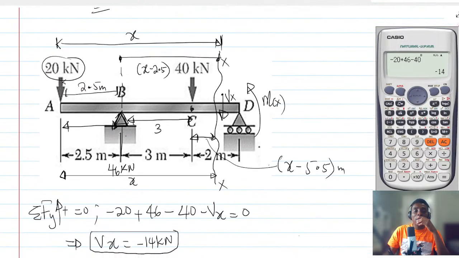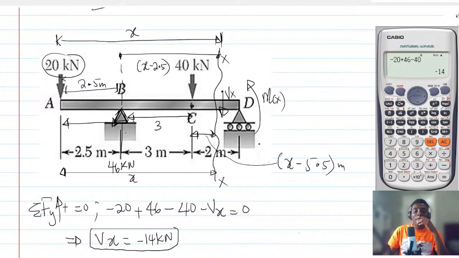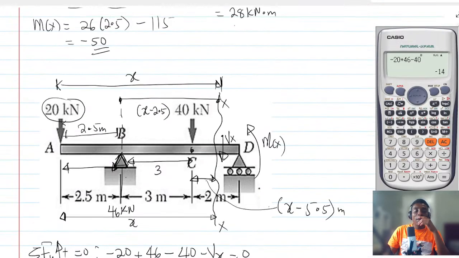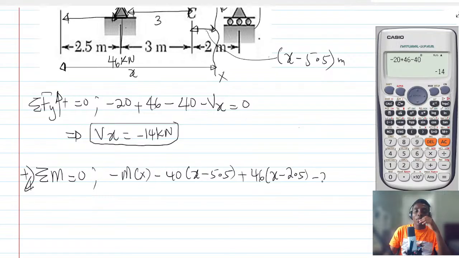It's going to be 46 multiplied by x minus 2.5, but then it's clockwise. And then finally the 20 kilonewton is coming down, and that one is going to be anti-clockwise, so minus 20x should be equal to 0.